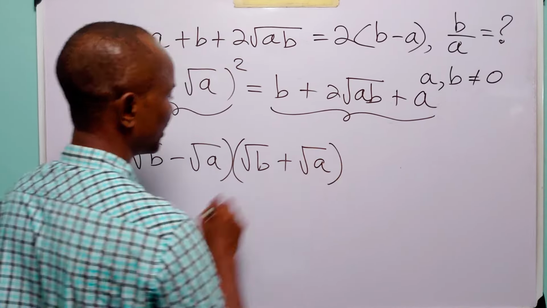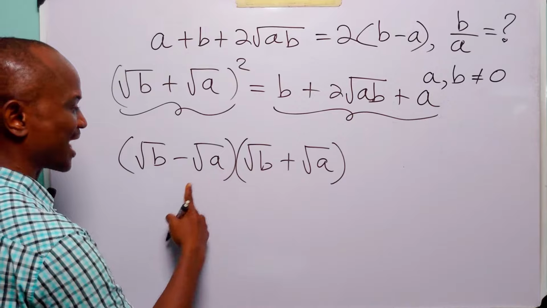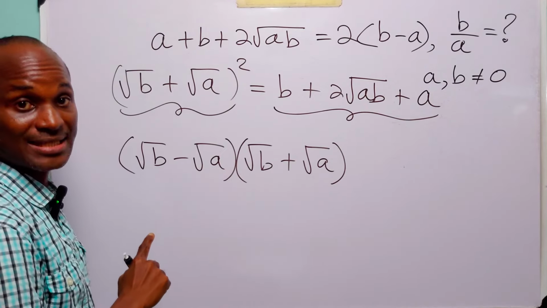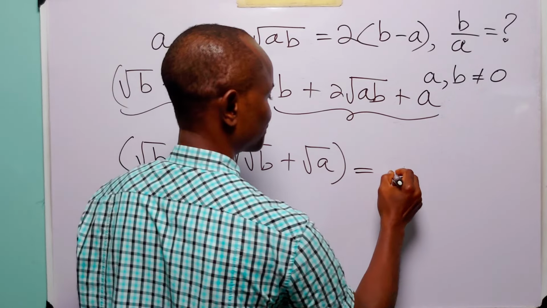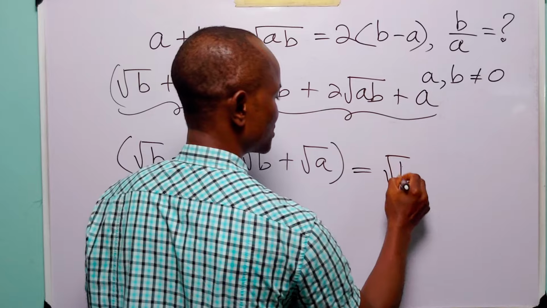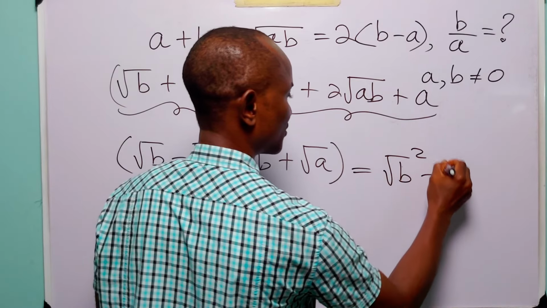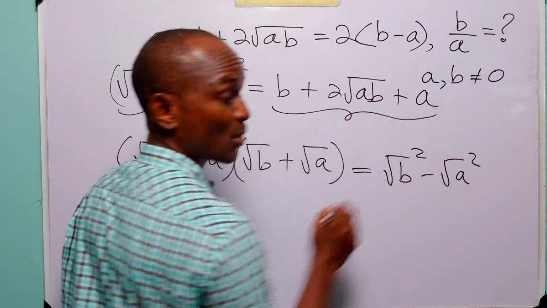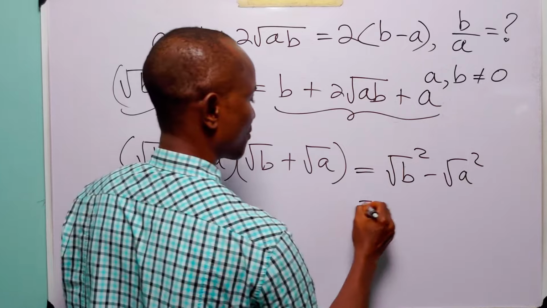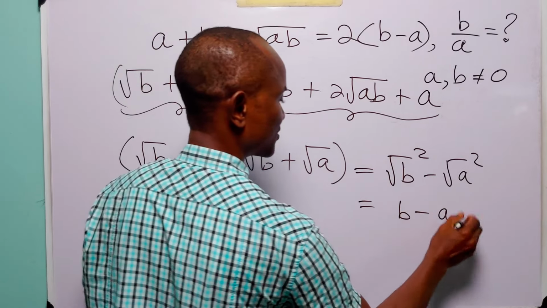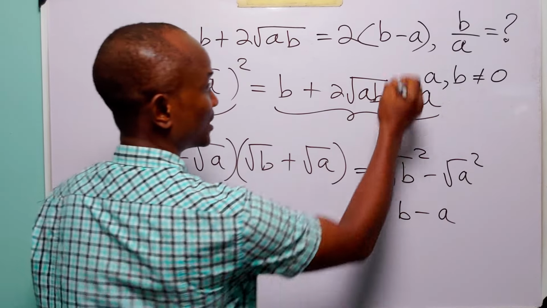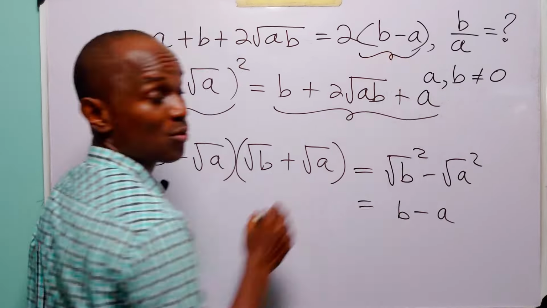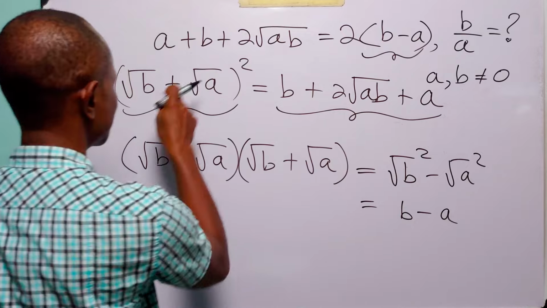You will recognize the difference of two squares here. And you know that when we multiply these two items, we are going to have root b squared minus root a squared, which of course is equal to b minus a. Now, this is exactly what we have here.